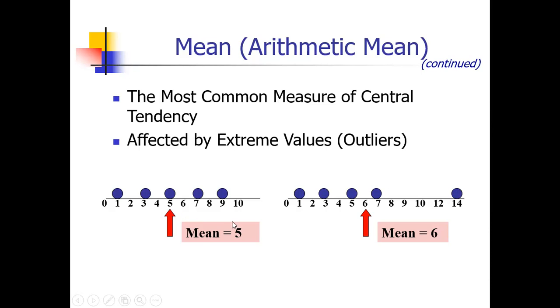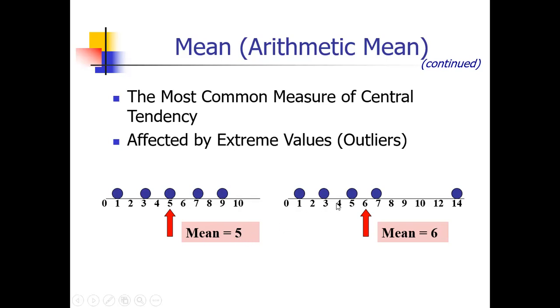As an example, we have 5 random readings: 1, 3, 5, 7, and 9. If you compute the mean by adding all these numbers and dividing by 5, you get 5.